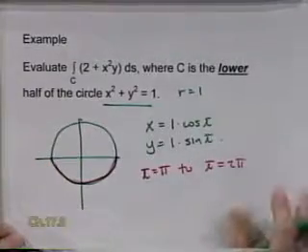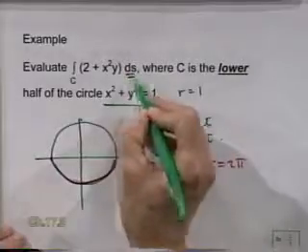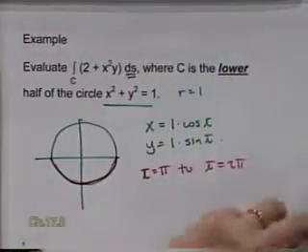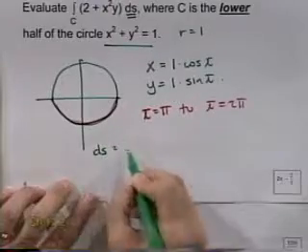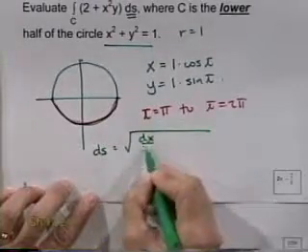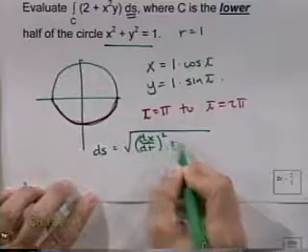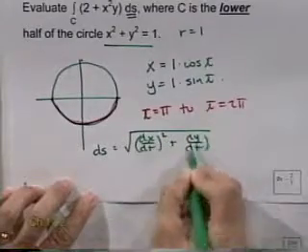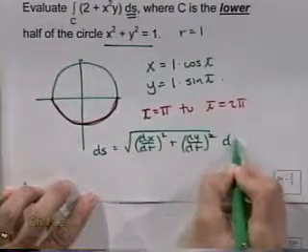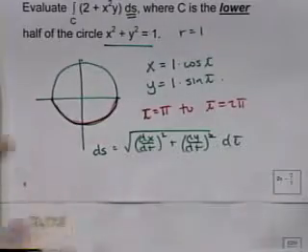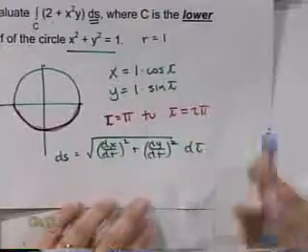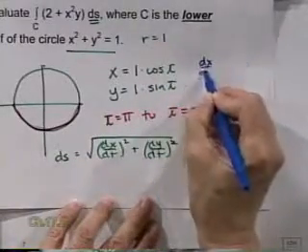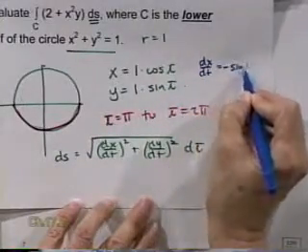Okay, now lastly, I have to figure out what's my ds. Okay, and I'm going to do that right here. My ds, remember, is the square root of dx dt squared plus dy dt squared times dt. Now notice, what's dx dt? Well, if x is cosine t, dx dt is minus sine t.